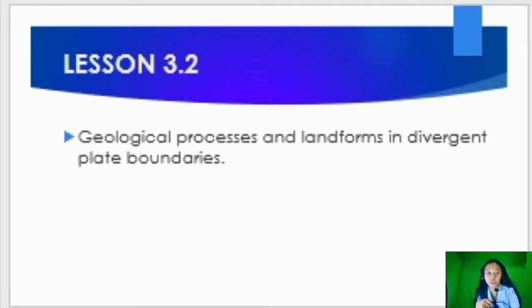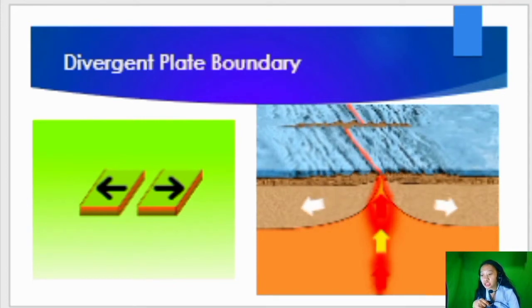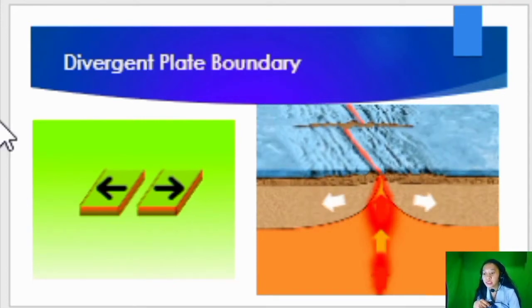Okay, so let's go now to our lesson 3.2, which is the divergent boundary. The different processes and landforms taking place at a divergent plate boundary, where and why they take place, and their effects will be discussed. I have here a picture of a divergent plate boundary.